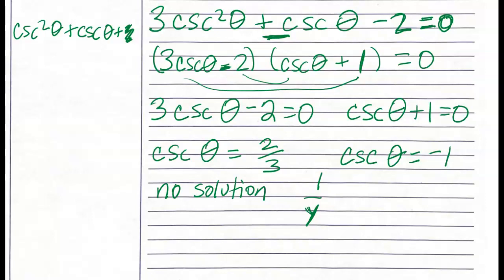So again, I'm just starting at 0, going around. I think we just did one like this, but I already forget. I'm getting old. So boom, boom, boom. I'm down to, oh, look at 270, negative 1. So theta would have to be 3 pi over 2. And I don't think there's any more negative 1s. So that would be it.